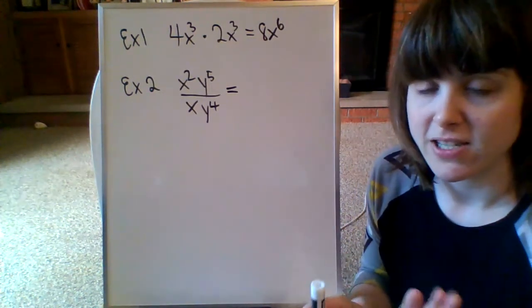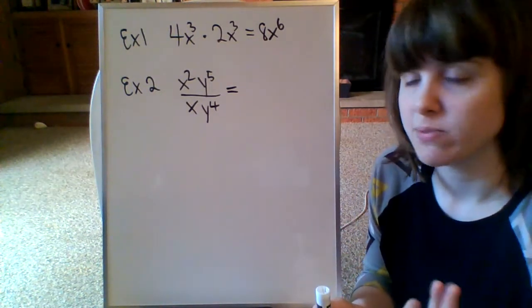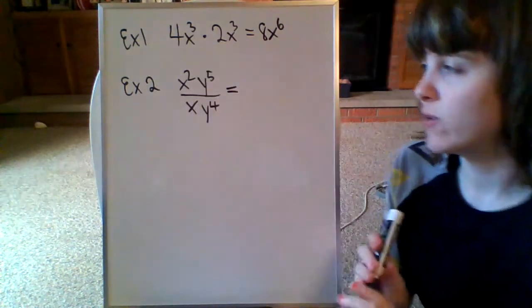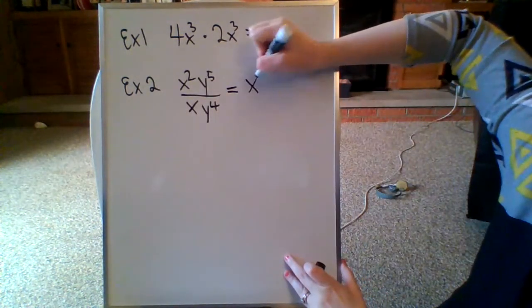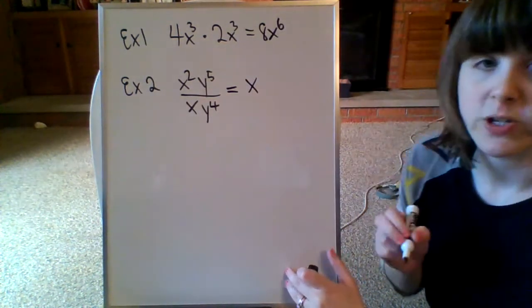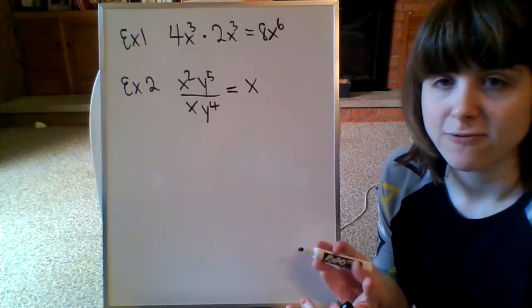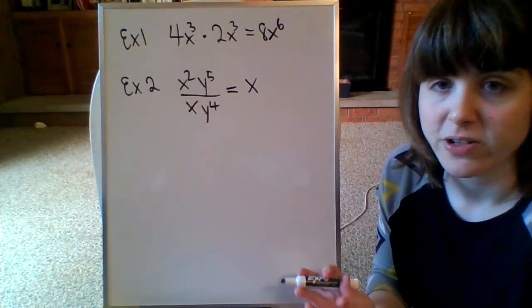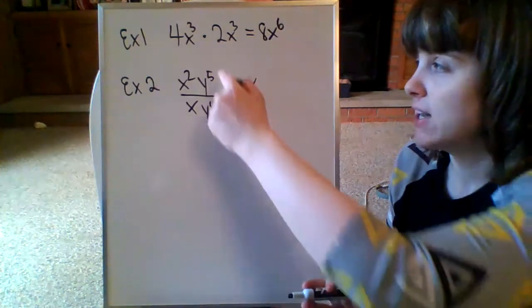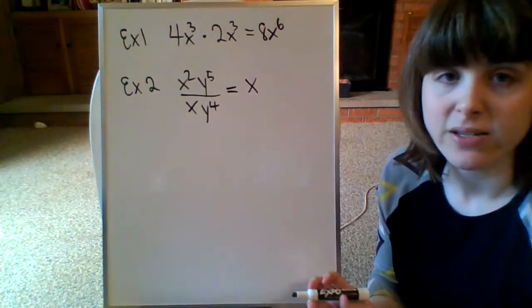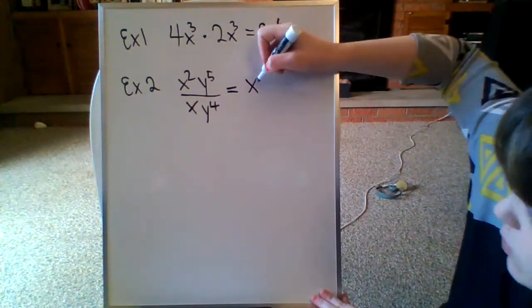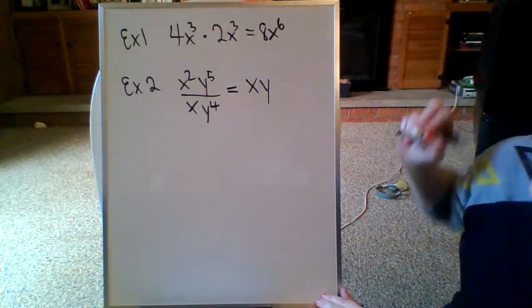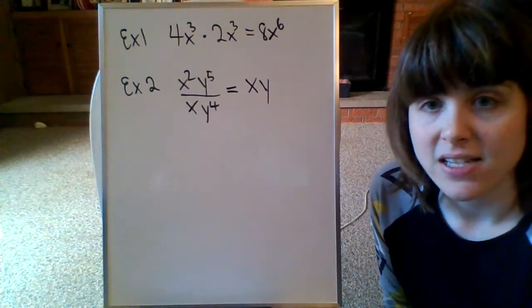So the ones that have the same letters, we're going to subtract the exponents. So 2 minus 1 is 1. And we usually just write x. We don't write x to the first. But if that makes you feel better, you can write it that way for now. And then 5 minus 4 is 1. So we have x, y. And that's the answer to the second one.